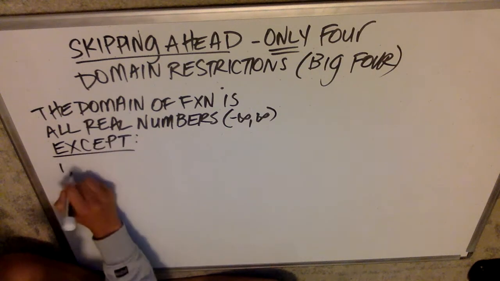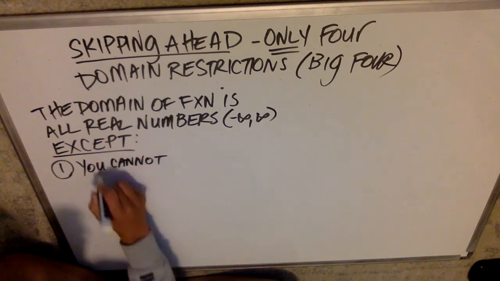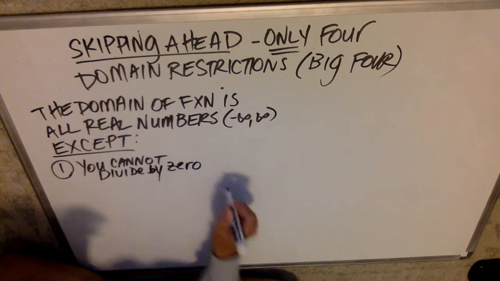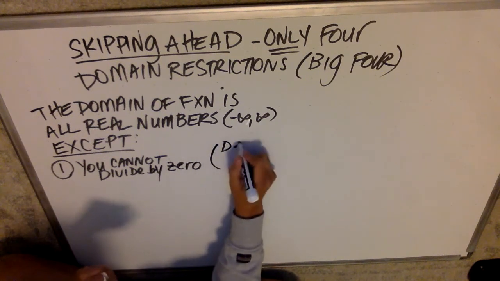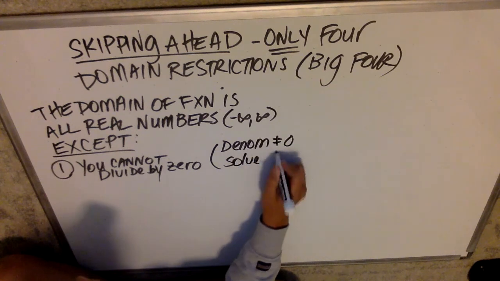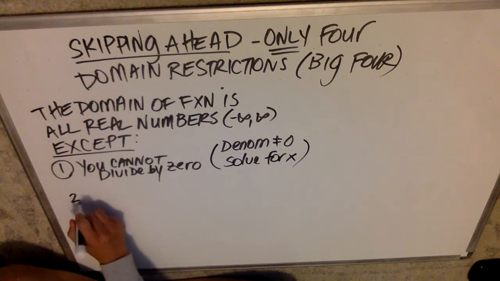Okay, number 1, you cannot divide by 0. So what that means is you say the denominator cannot be 0 and you solve for x.